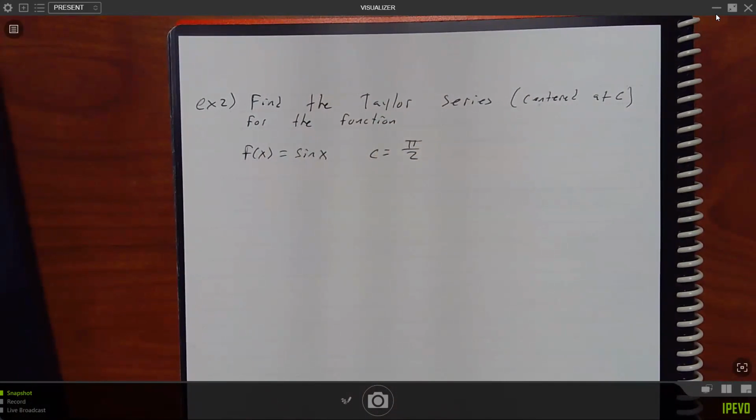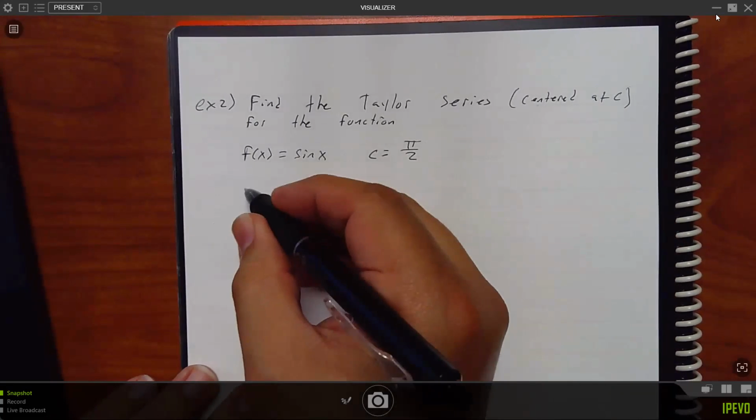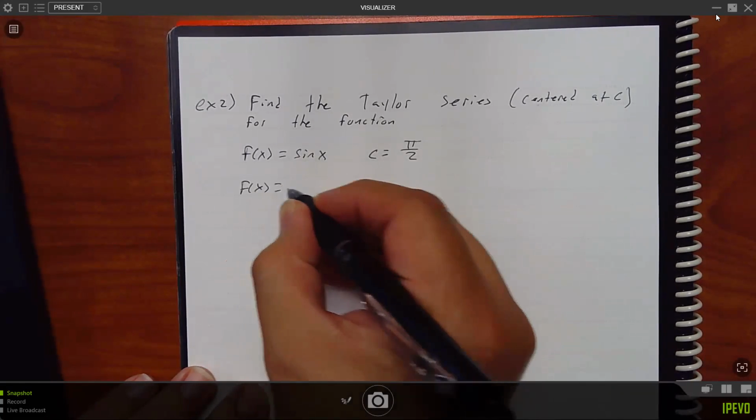So I'm going to do sine centered at pi over 2. It's the same thing. Do a bunch of derivatives. So the 0 derivative is just the same.